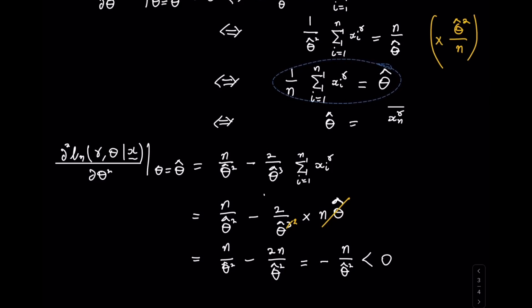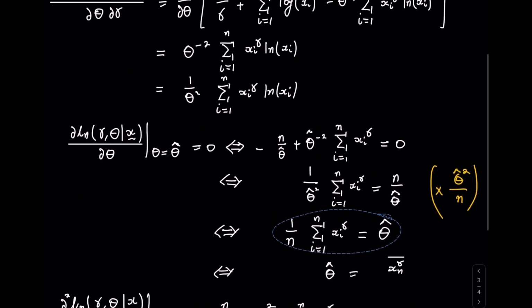Now, I did promise you that we'd use some of the other partial derivatives that I derived. In particular, suppose that gamma is also unknown.